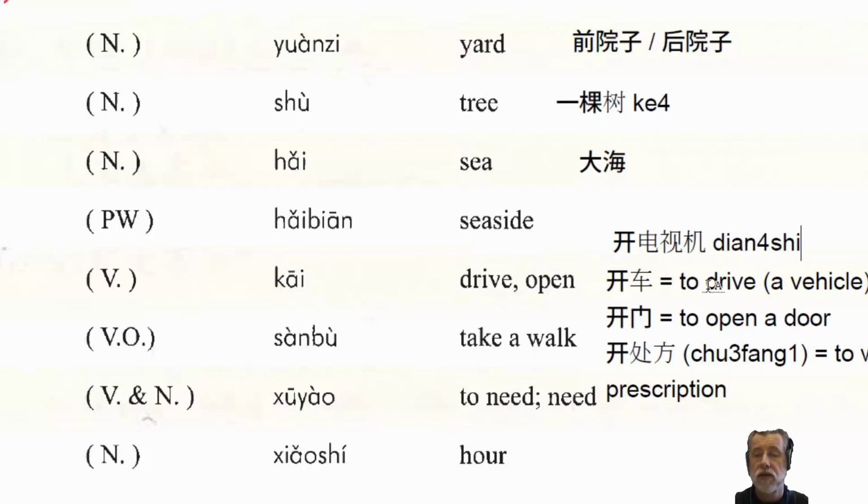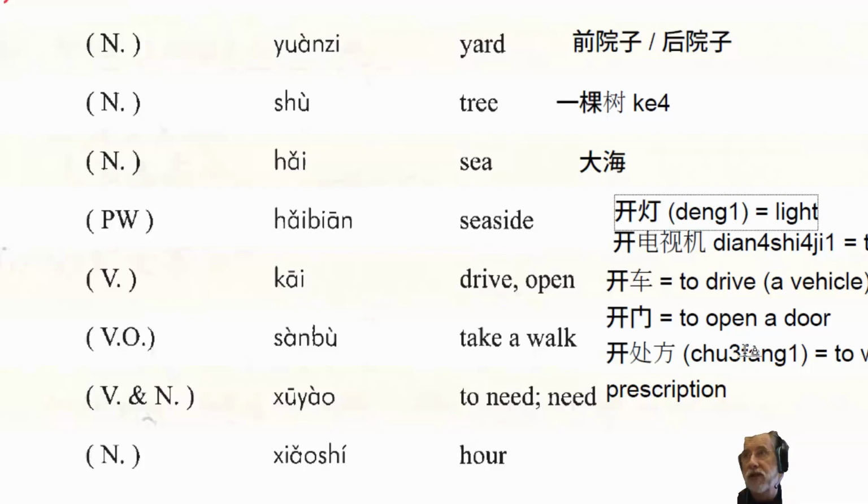Another equally useful one is 开灯, where 灯 equals light. They talk about opening a light, but we would say to turn on a light. So 开 can also mean to turn on some kind of electrical appliance.